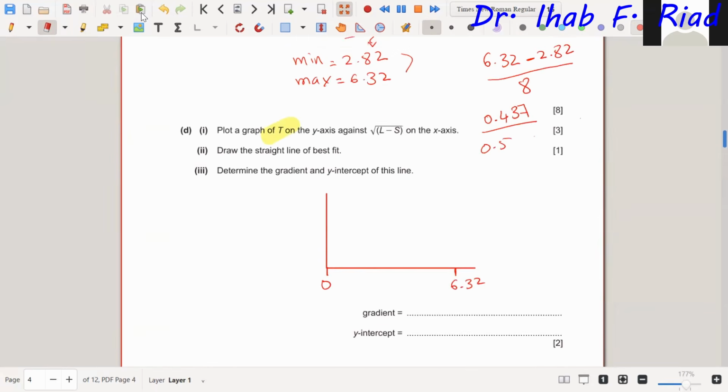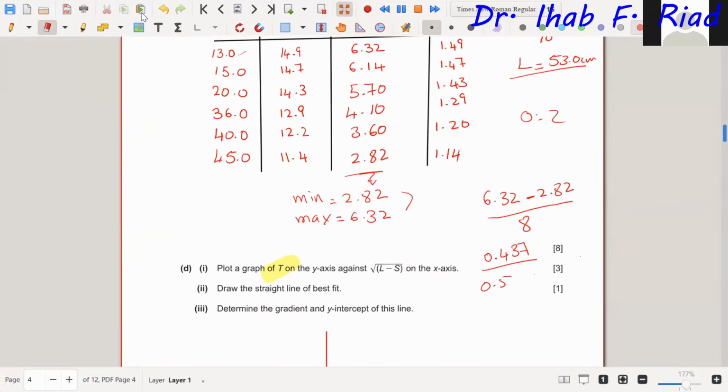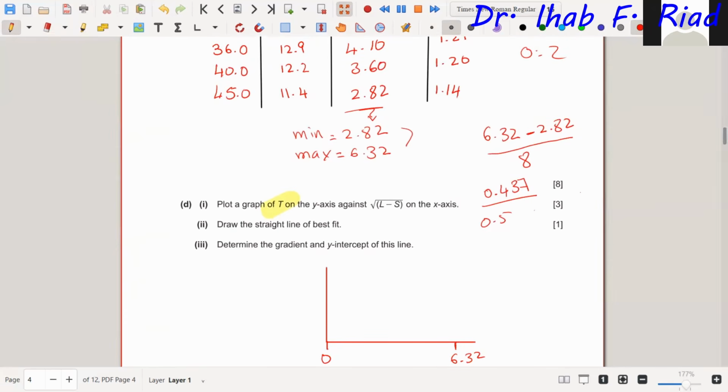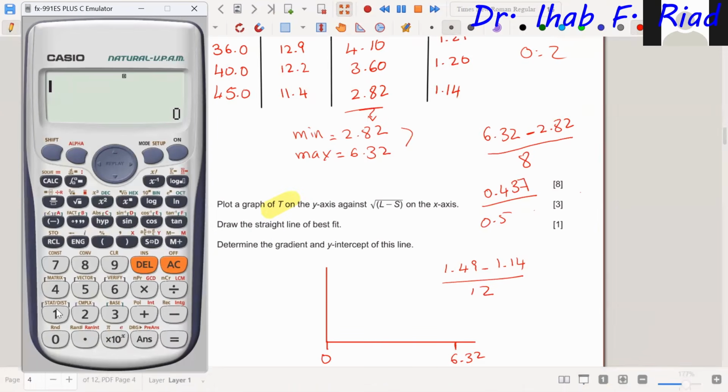Then how can we calculate the scale? The maximum minus the minimum, divide by 12. So what are we getting?